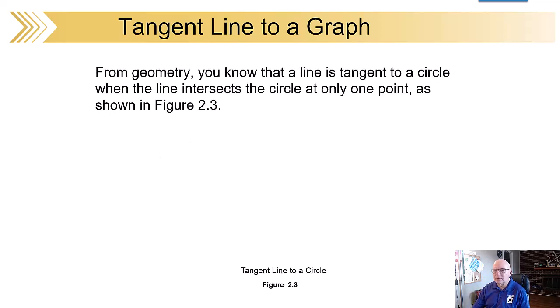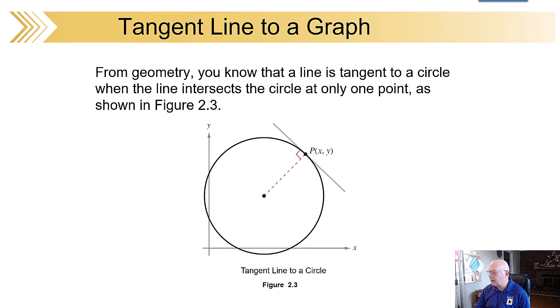So back in geometry, you learned about tangent lines. And there's your tangent line right there. It's a line. It touches the circle at one point, P in this case, and it's got a particular slope. Now if you look at this tangent line, you can see that from left to right it's going downward.